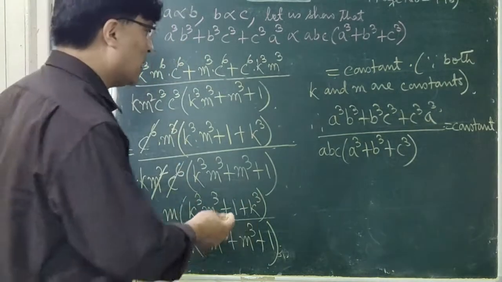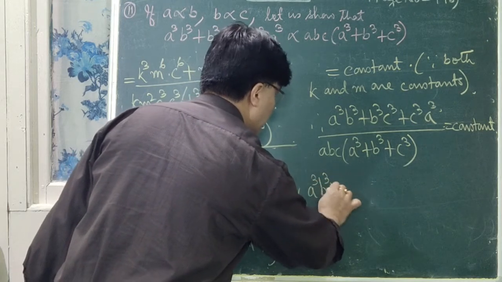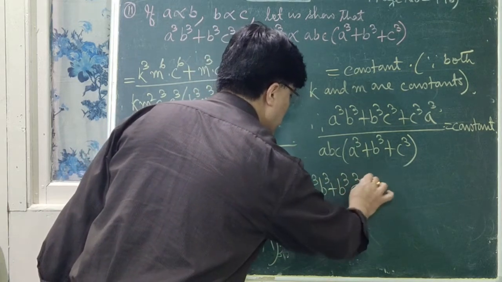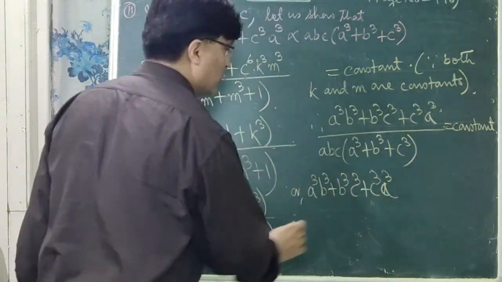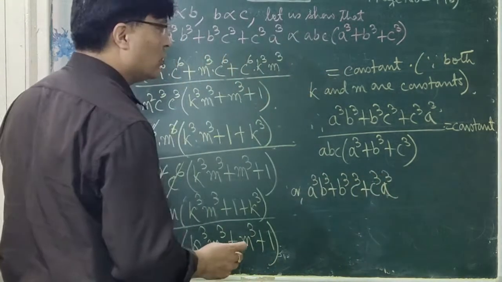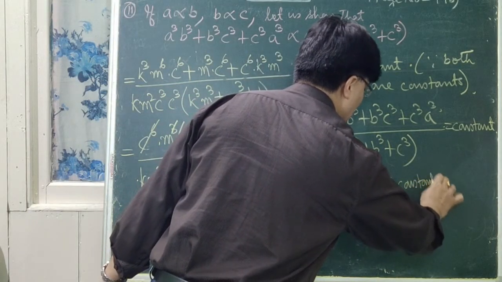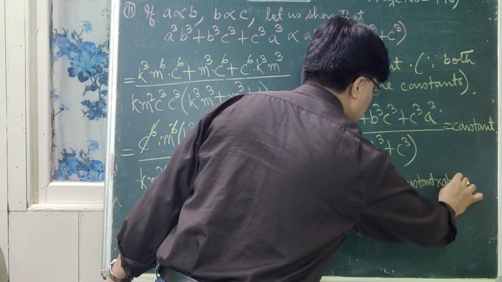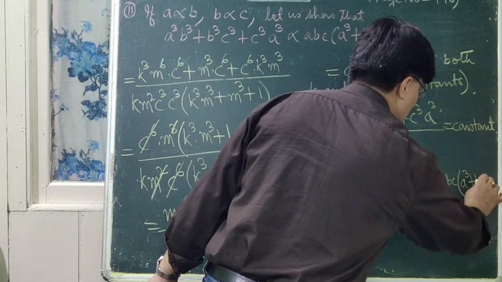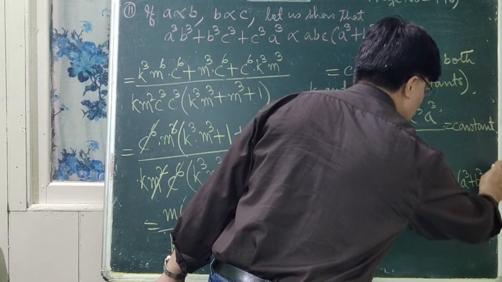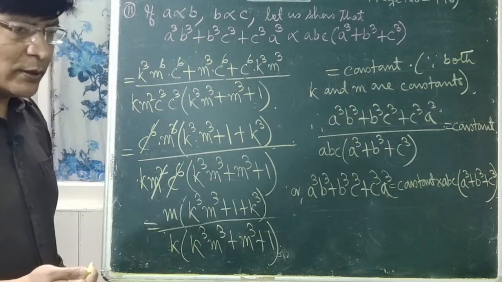You can do cross multiplication here, so this is A cube B cube plus B cube C cube plus C cube A cube is equal to constant into ABC, and within bracket what do we write? This is A cube plus B cube plus C cube, bracket closed. Now in the next step, what will you do?